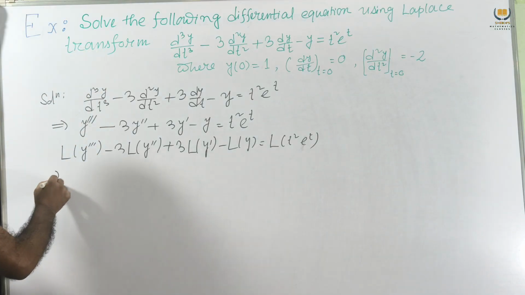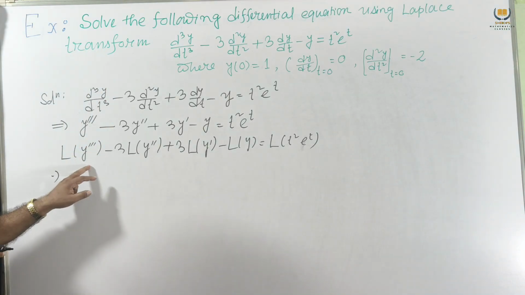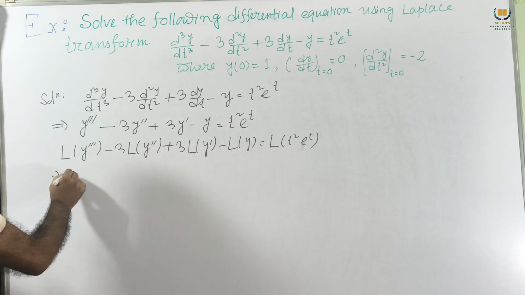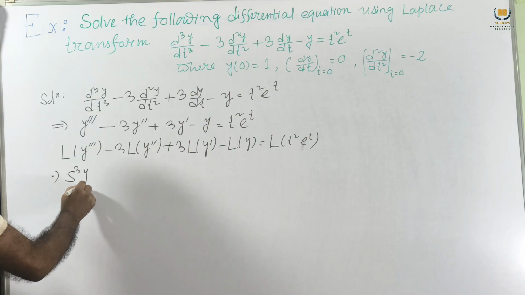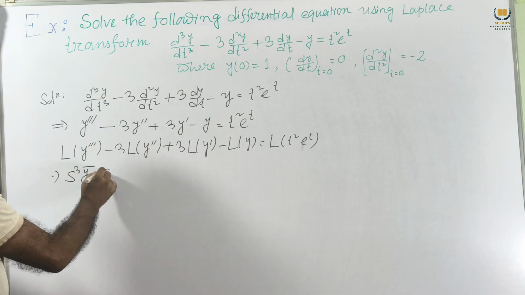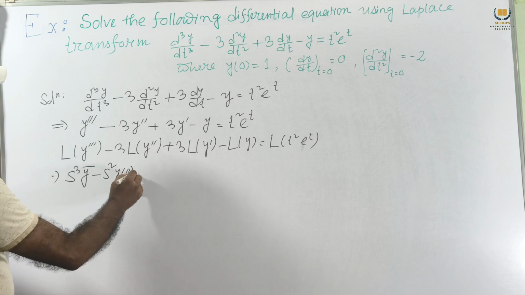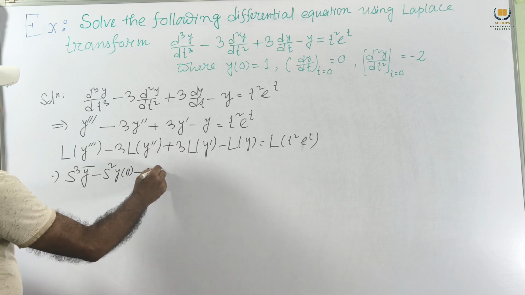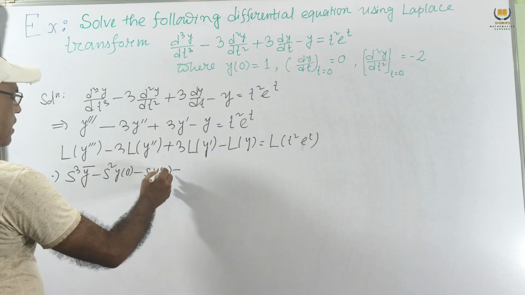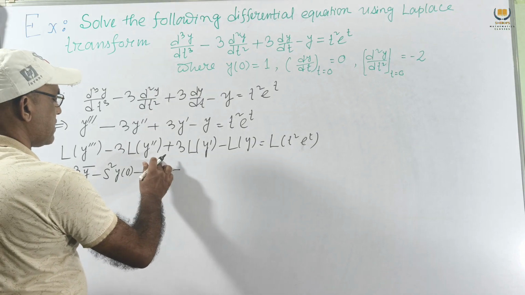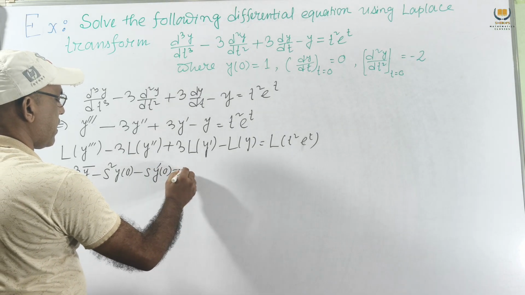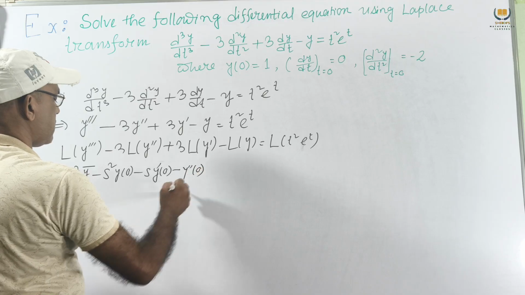So we know this, in video number 1 it was given. If y triple dash is given, then we can write s³ ȳ minus s² y(0) minus s y'(0) minus y''(0).